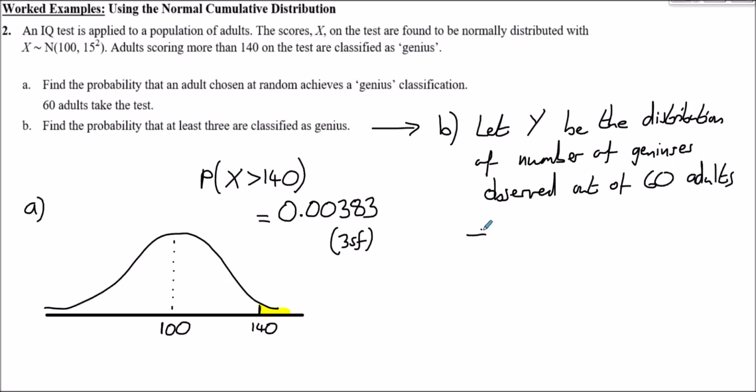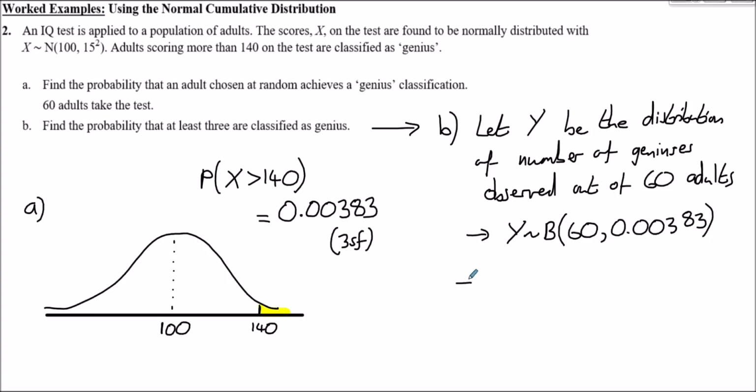Then we can say that Y would be binomial distributed, 60 adults, and the probability of any one of those adults being a genius is this tiny value here, about 0.00383.